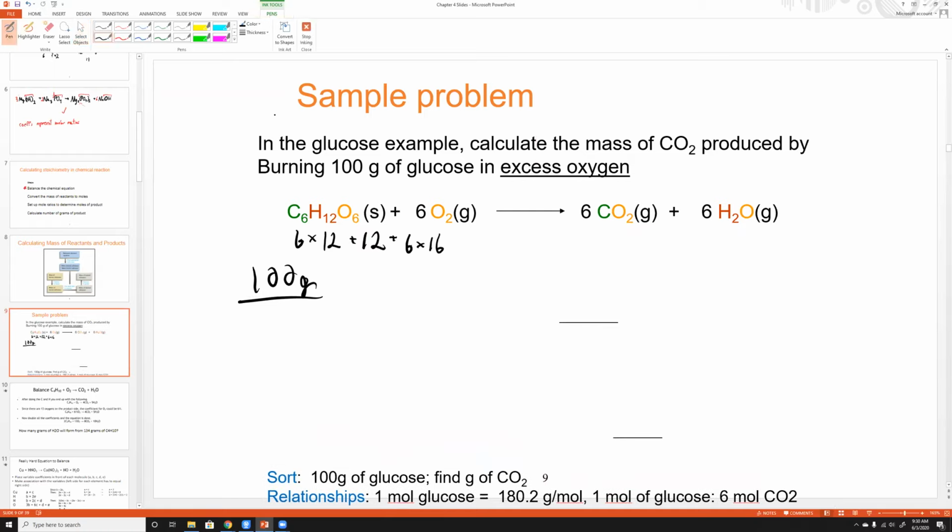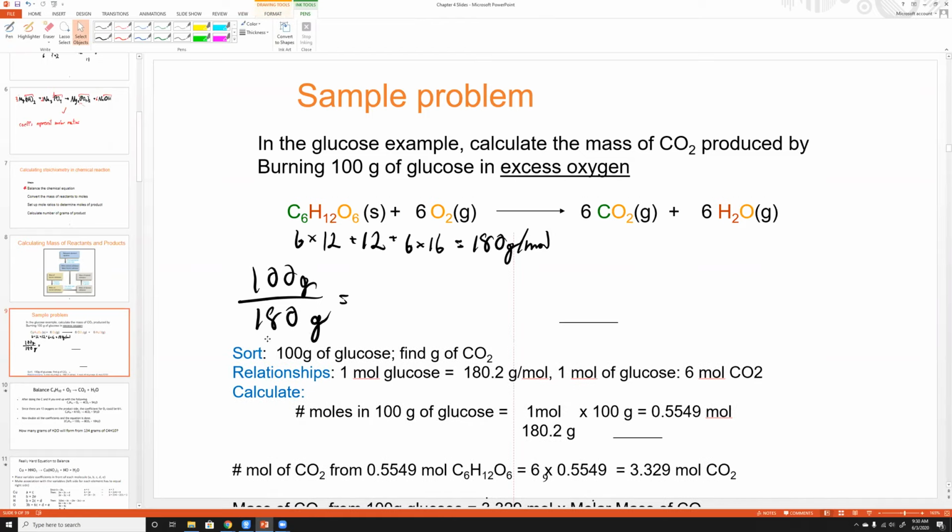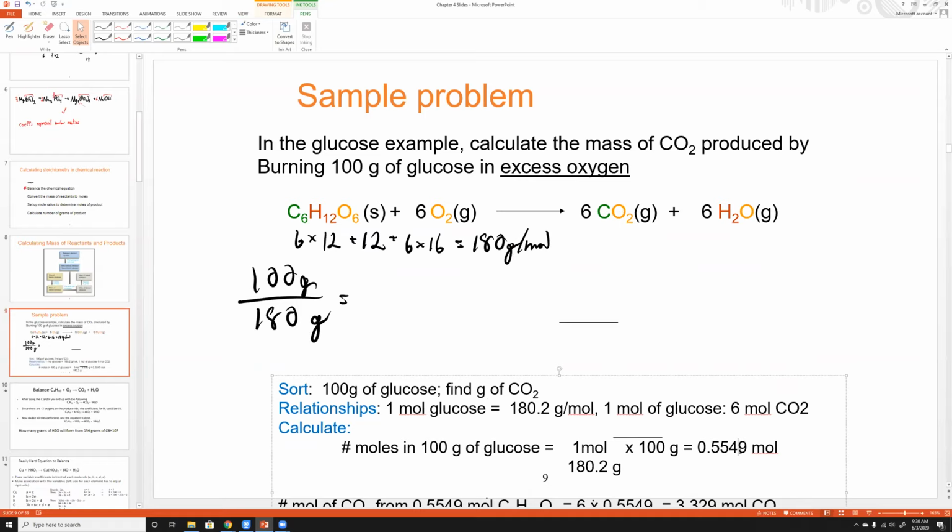So knowing that, we know that equals 180 grams per mole. So we can divide by 180. And that's going to equal 0.5549 moles.